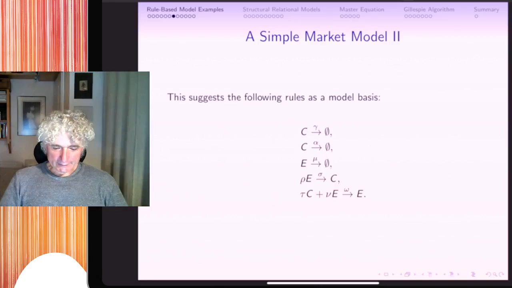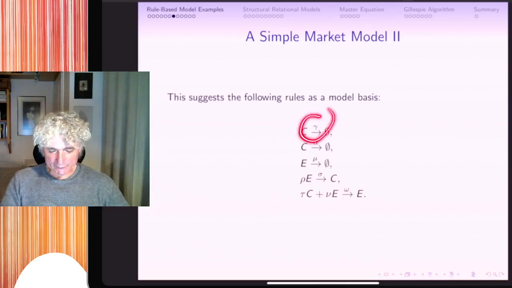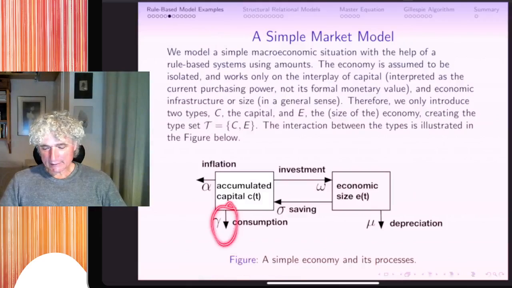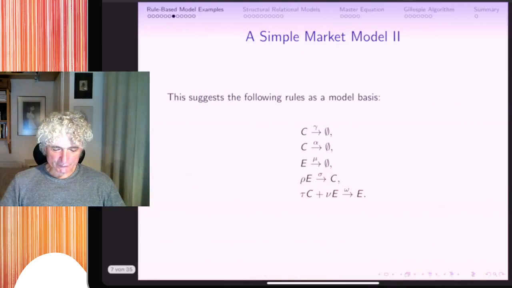First of all, this rate gamma, which you remember was the consumption rate, means that we have a loss. Remember that we use this empty set symbol to notify that something is going out of the system.